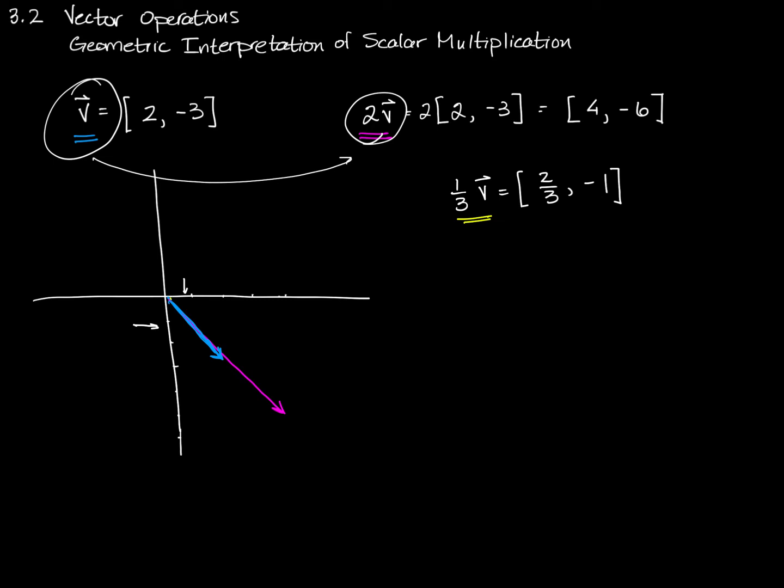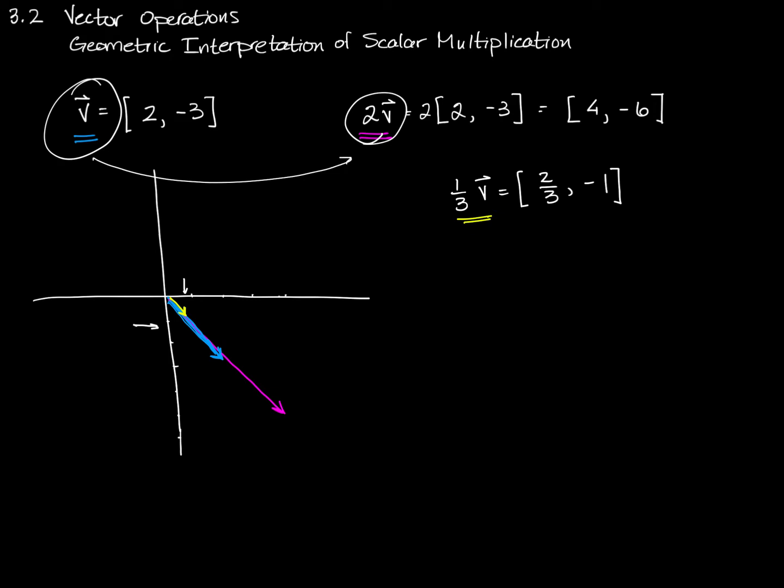And when I graph that, I get that vector there, that yellow vector, which is 1/3 of the length of vector v. Not surprisingly, since this scalar has scaled vector v by 1/3.